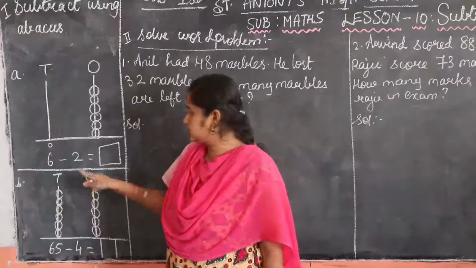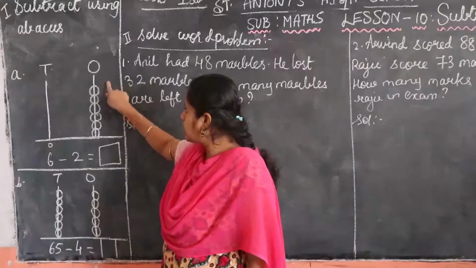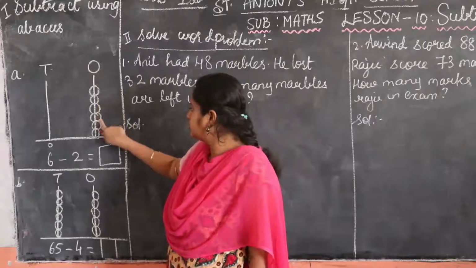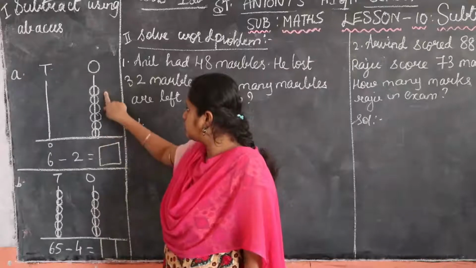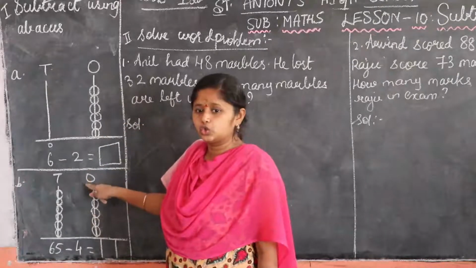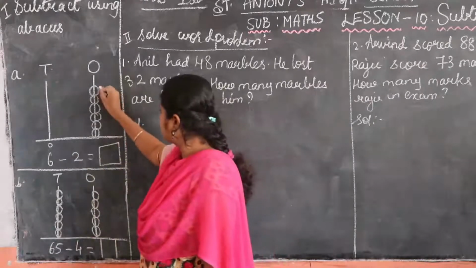In the ones place, how many beads are placed children? 1, 2, 3, 4, 5, 6. Out of this 6, how much do we have to remove? 2.